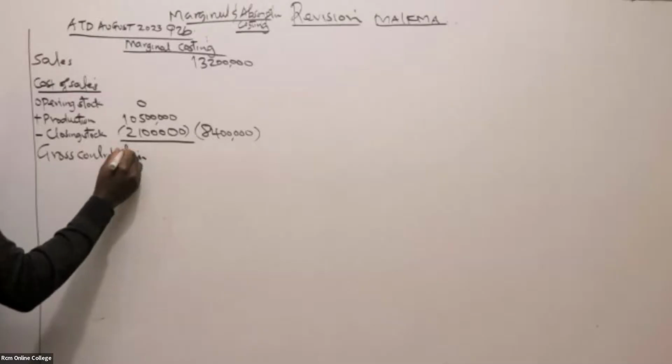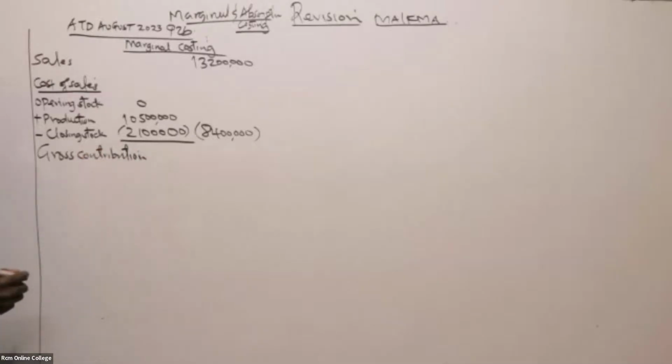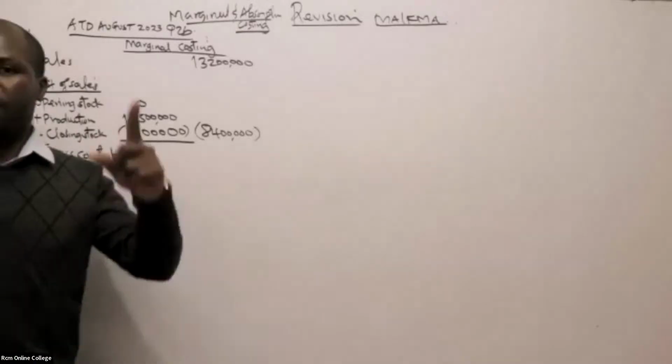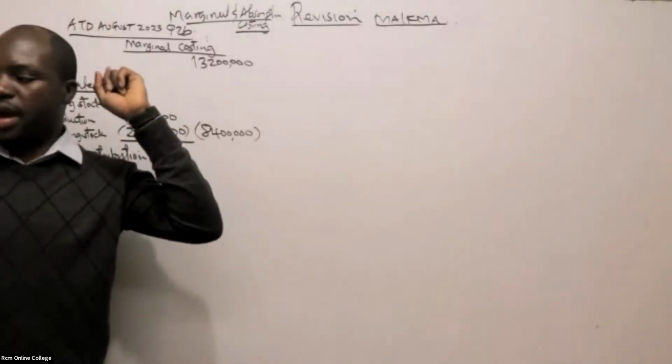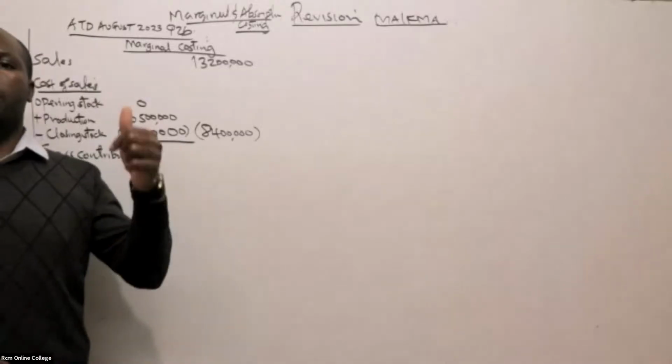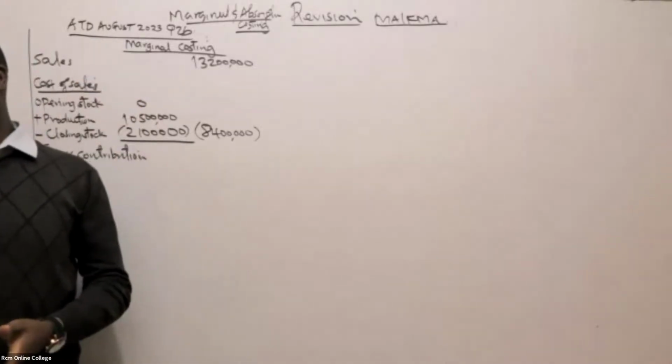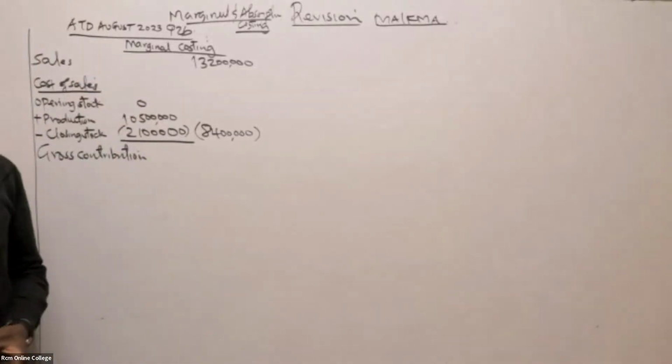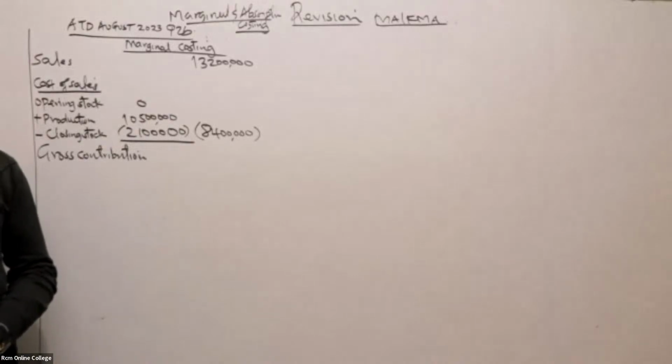Why are we bringing the word contribution? Because all the expenses mentioned here have nothing to do with fixed expenses. All of them are variable in nature, and therefore they depend on the number of units. So what is our gross contribution?